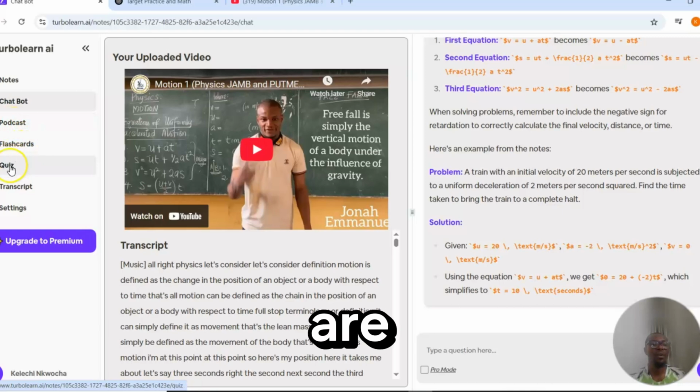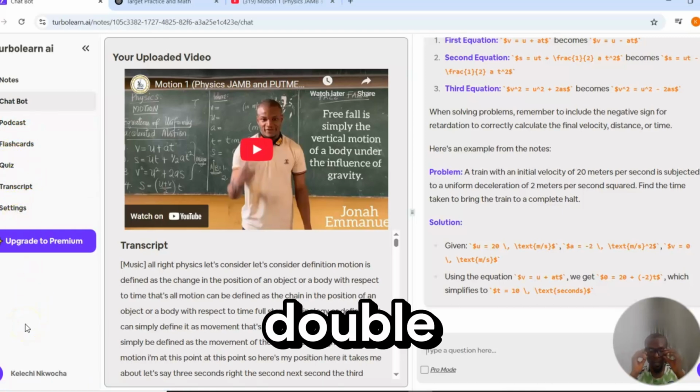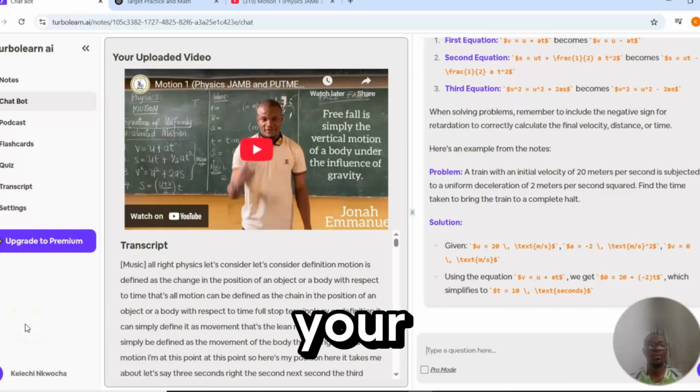Remember, we are trying to explain how you can use Turbo AI to turbocharge your learning process, even your grades and all that. So we are not done yet.